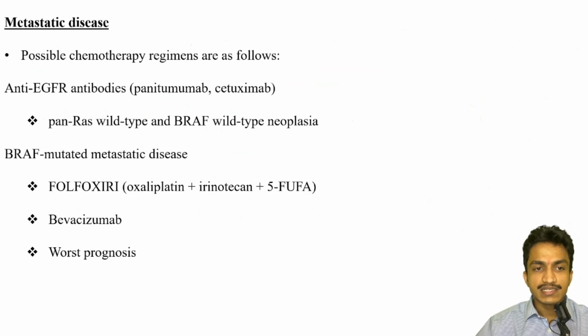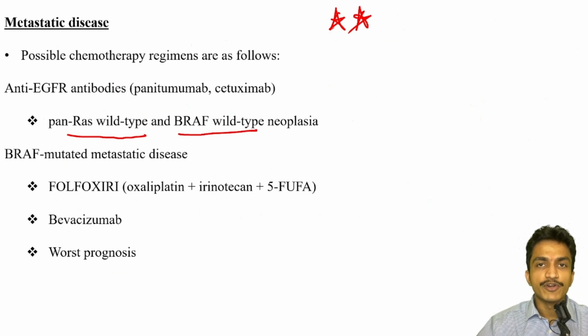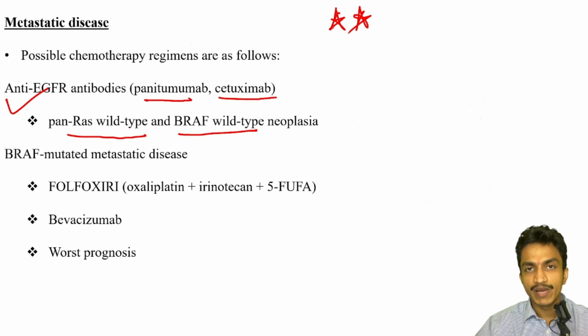In metastatic disease, this is very important. Now this has been covered in Avastin. So for metastatic disease, if the patient is having pan-RAS wild type disease or BRAF wild type, that is, BRAF mutation is not there, or RAS mutation is also not there, then in that case we give anti-epidermal growth factor receptor antibodies like panitumumab and cetuximab.